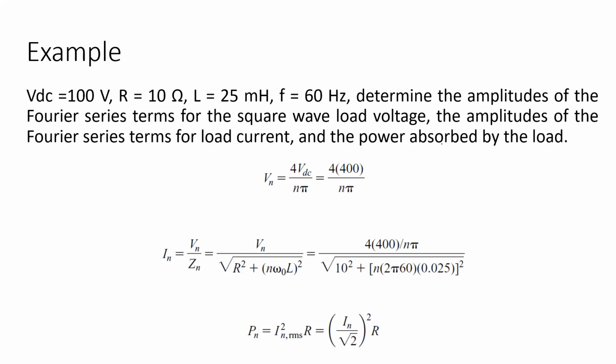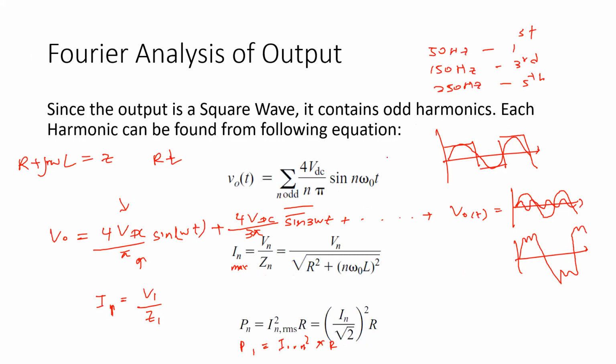So in here, what we are going to do is, we are asked to find the amplitudes only. So we are going to ignore this sine part, because this part is only for representing the instantaneous value. When you represent something like this, it is rotating, right?